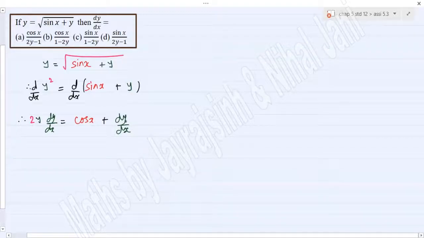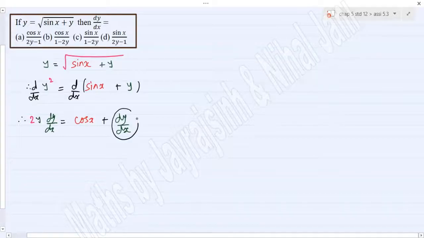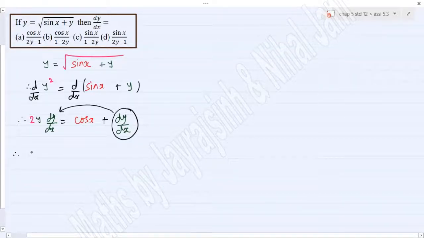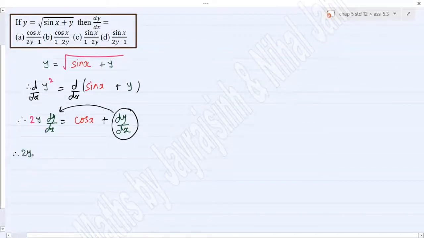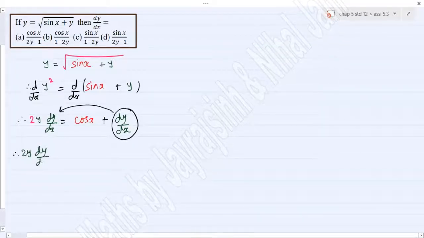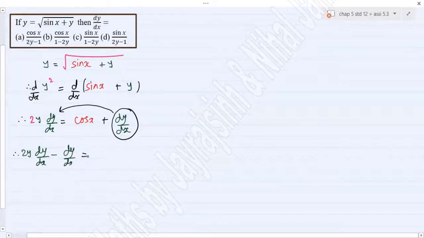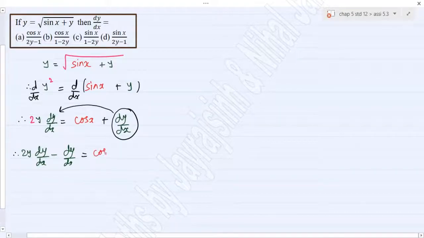Now, we have to collect all the terms of dy by dx on one side. So let's take this dy by dx on the left side. So you will get 2y dy by dx minus dy by dx is equal to cos x will be as it is.